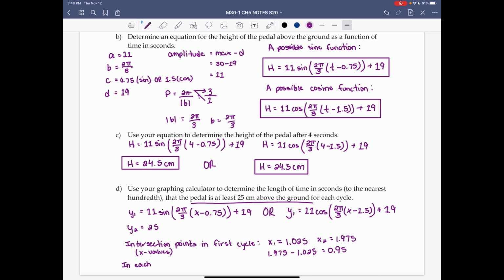In each cycle, the pedal is at least 25 centimeters above the ground for 0.95 seconds.